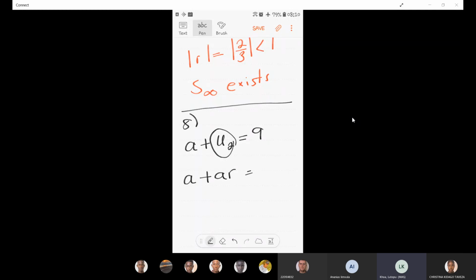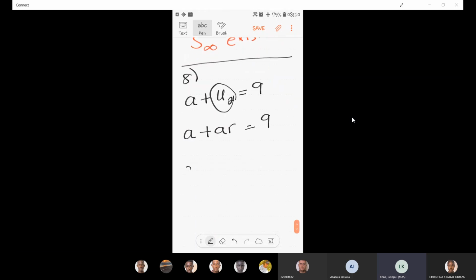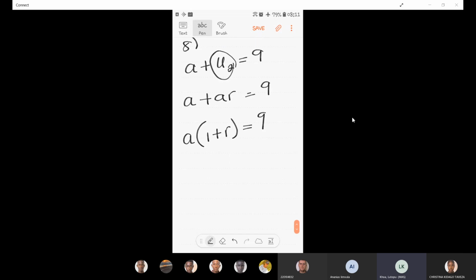So I can factorize A out. So A times 1 plus R is equal to 9. And then I divide by 1 plus R on both sides. I have A is equal to 9 over 1 plus R.